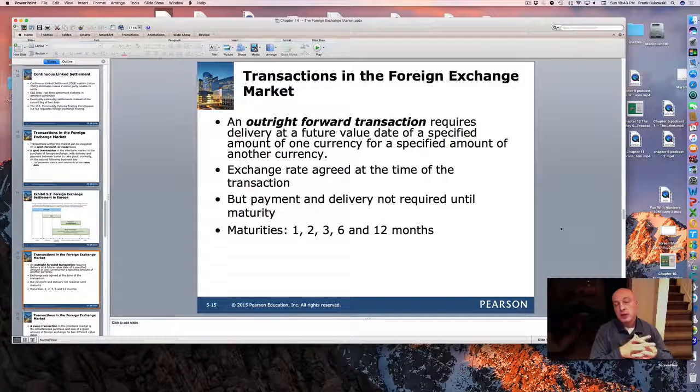So that could take place a month from now, 2 months from now, 3 months from now. It could go all the way up to 12 months or greater, basically. So the payment and delivery will not be required until that maturity date takes place. However, we agree upon the exchange rate today. Again, the currency will be bought or sold at some time in the future.